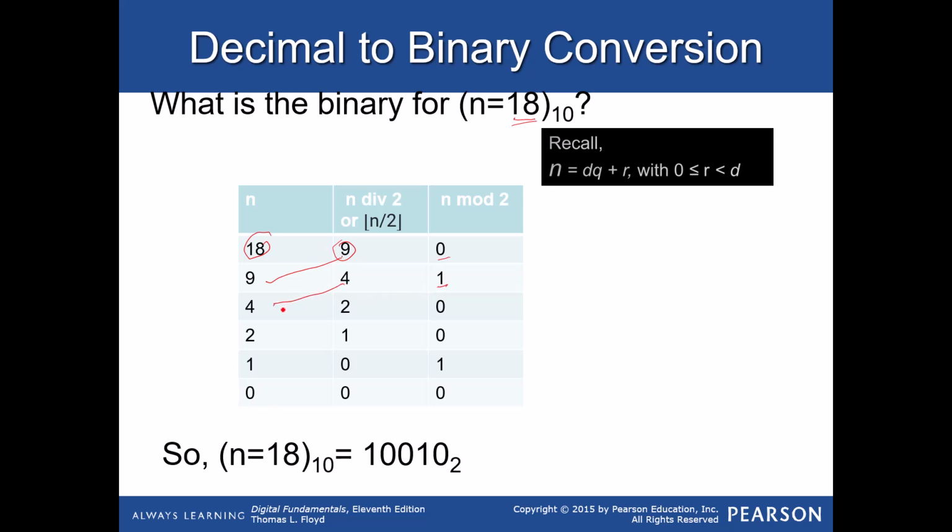We take 4, divide by 2, we get 2, and the remainder is 0. We take 2, divide by 2, we get 1, and the remainder is 0. We take 1, we divide by 2, and the result will be 0.